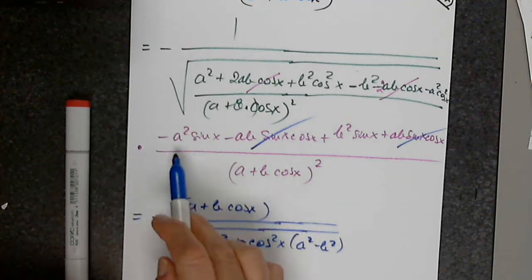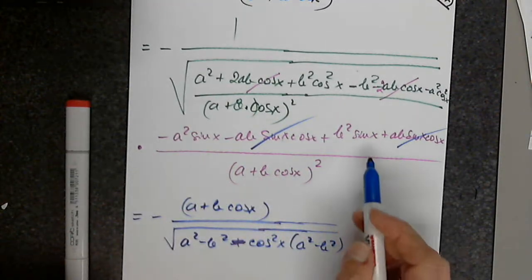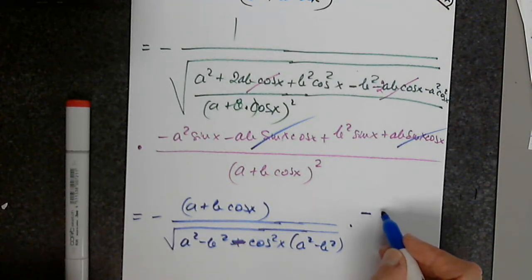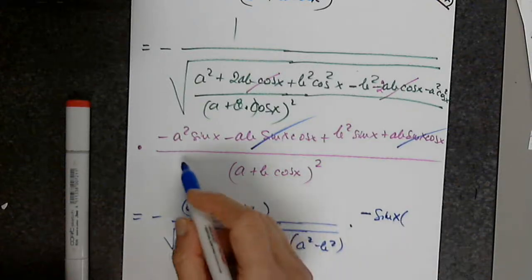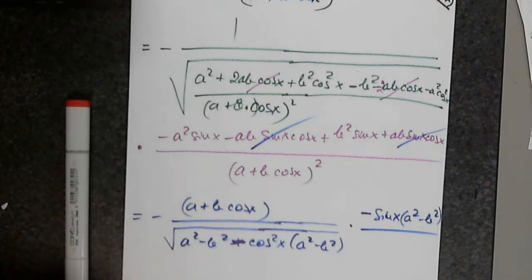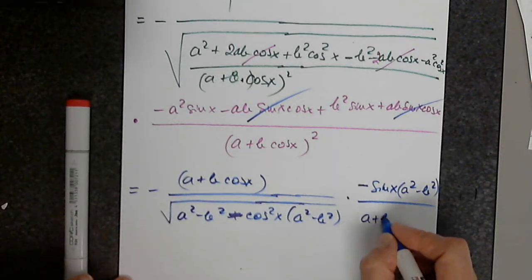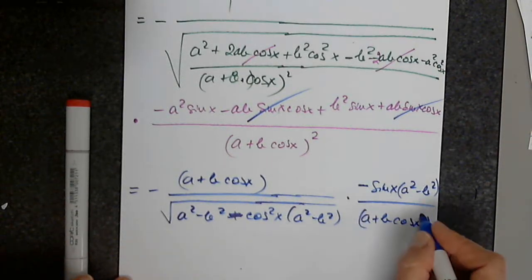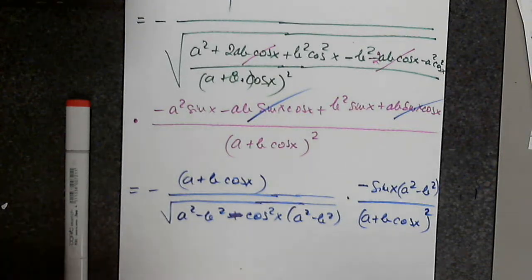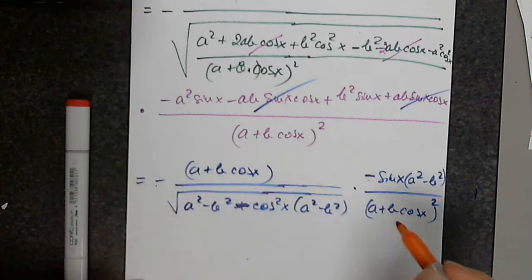Okay, let's see what we have here. What is left? Multiplied by negative sine x. Very interesting. Somebody thought about this. Okay, nice. So first of all, the negative with the negative will go away.